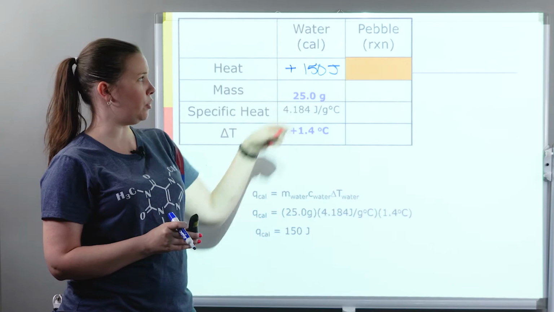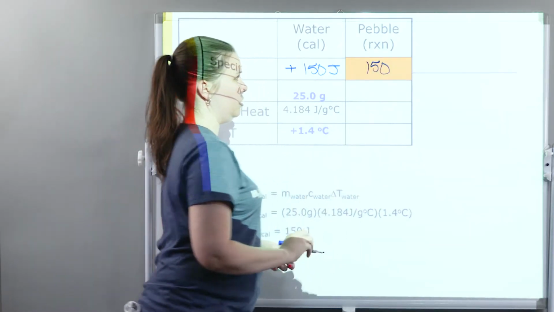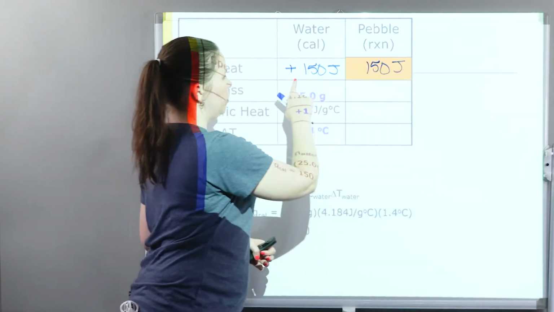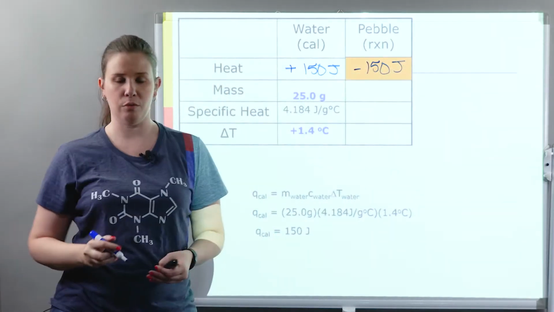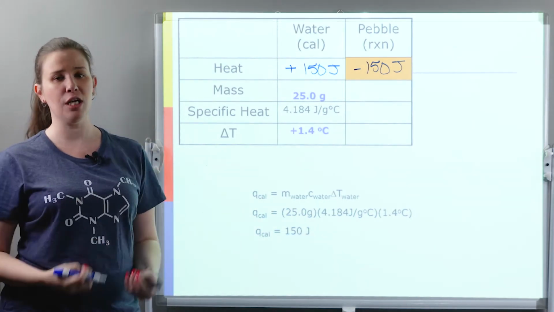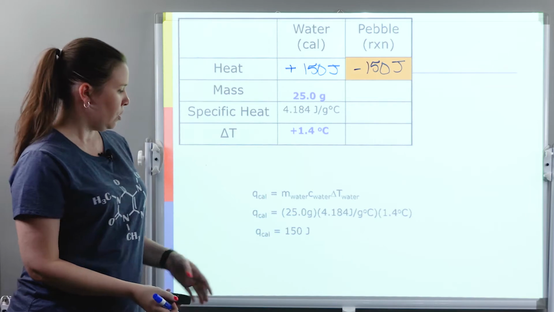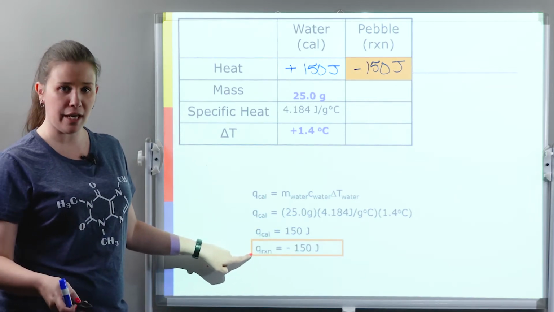So now for the pebble, it's going to be the same number, 150 joules. But where the water was endothermic, the pebble would be exothermic, which makes sense to the question, right? It said the pebble was releasing energy, how much energy was released. So if you're writing this as a Q, you want to make sure that you include the negative sign.